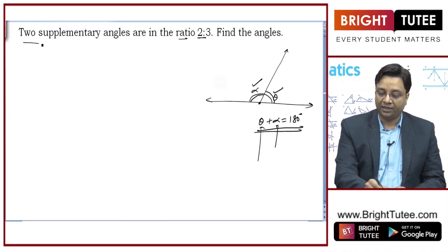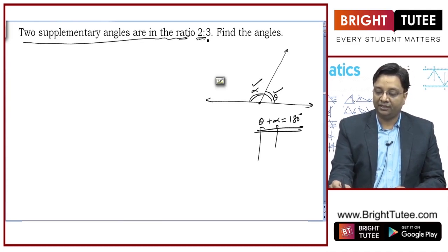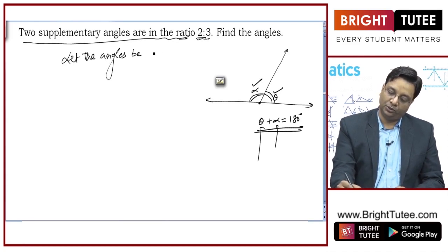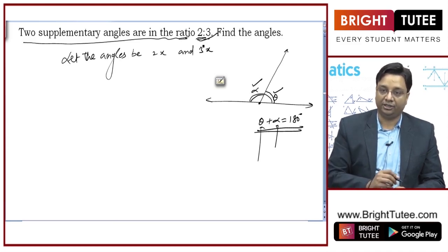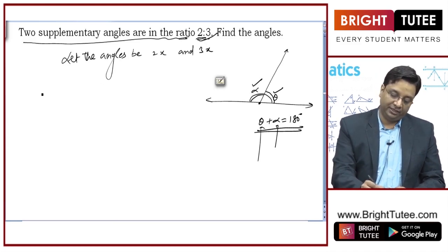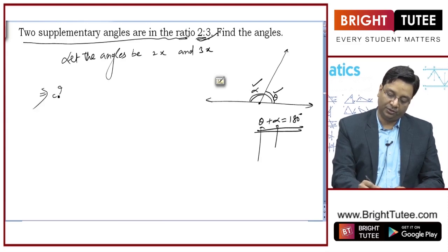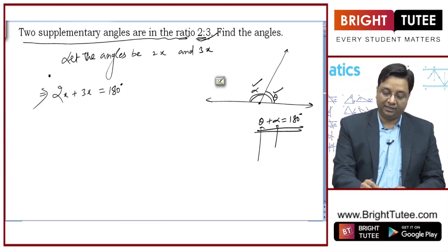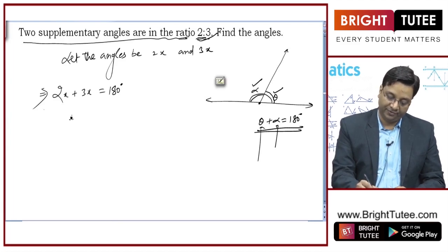Now in this question, two supplementary angles are in this ratio. So let the angles be 2x and the other will be 3x to maintain this ratio. And these are supplementary, so 2x plus 3x is equal to 180 degrees. You have to write that these angles are supplementary, hence 2x plus 3x equals 180 degrees.